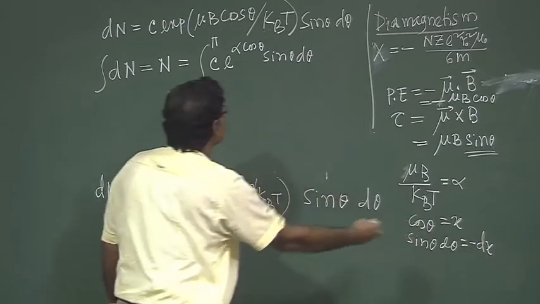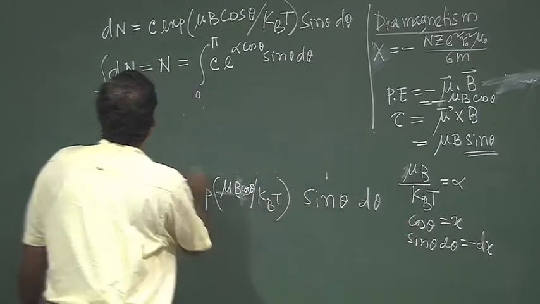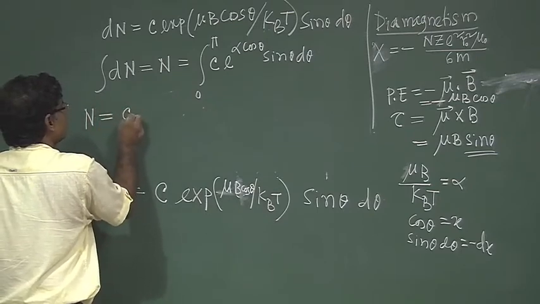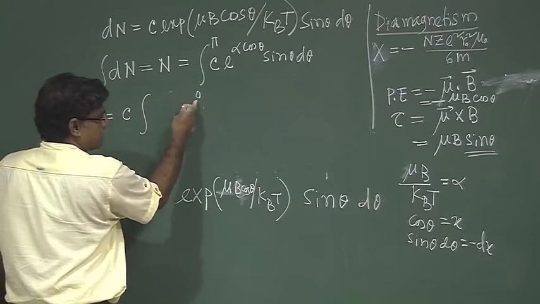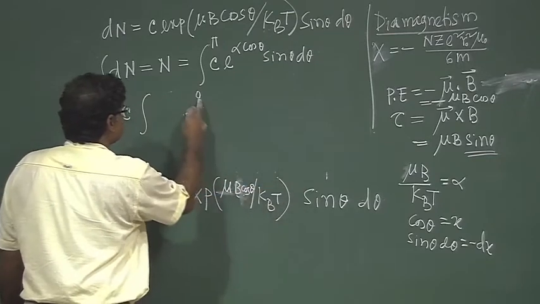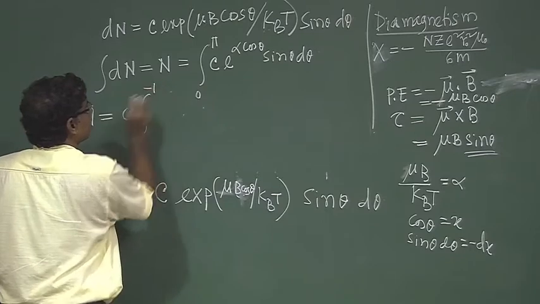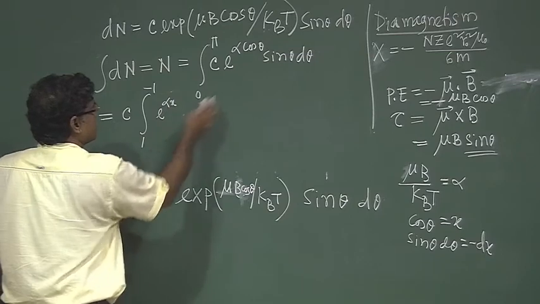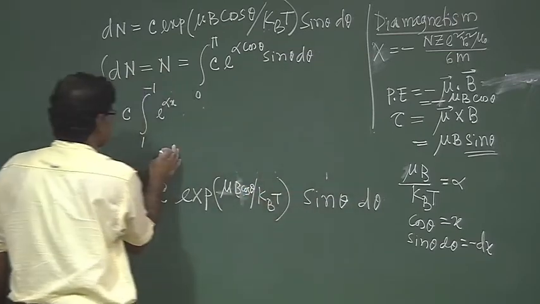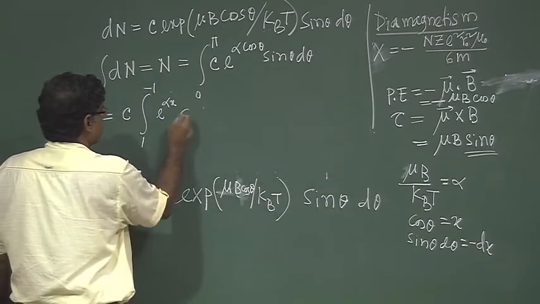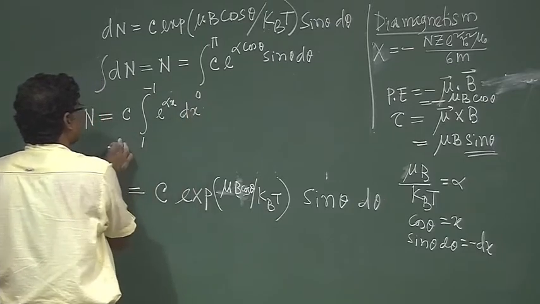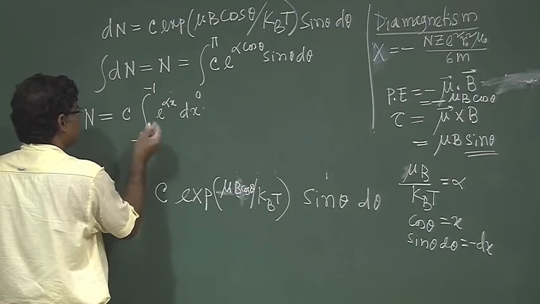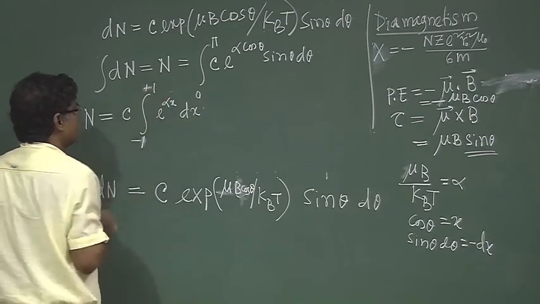So the limits become 1 to minus 1 with exponential alpha x, and sin theta d theta equal to minus dx. So a negative sign is there. Instead of putting the negative sign, I can swap the limits and this is plus, right.